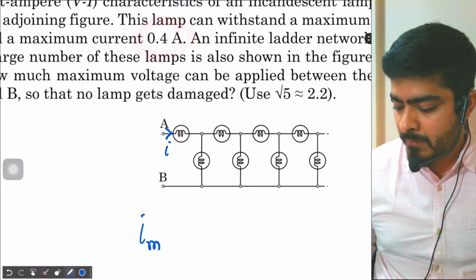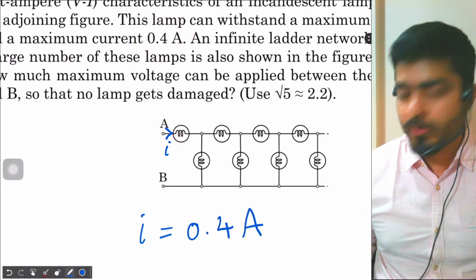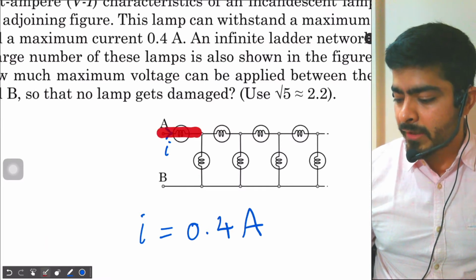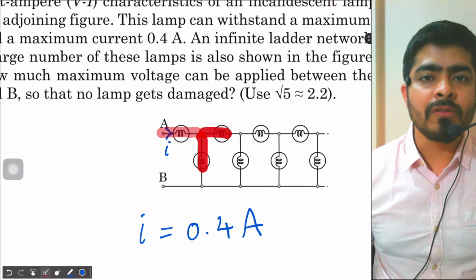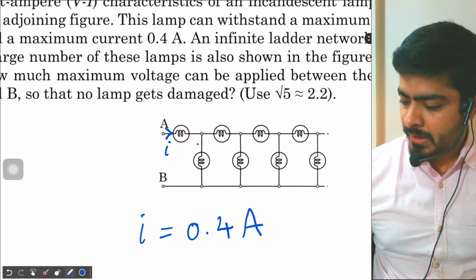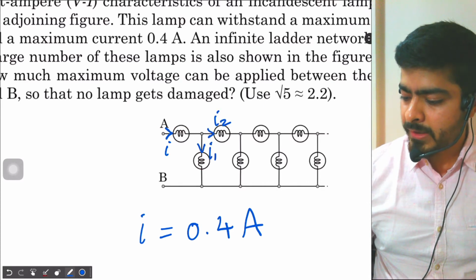So I'll just take the maximum value of I as 0.4 ampere. Now this current entering over here will split into the two branches. Let this current be I1 and the current going over here be I2.